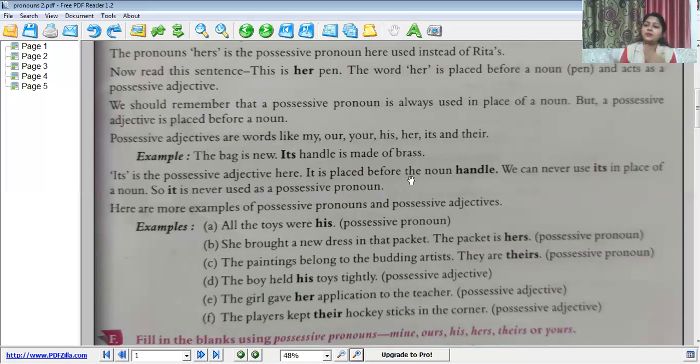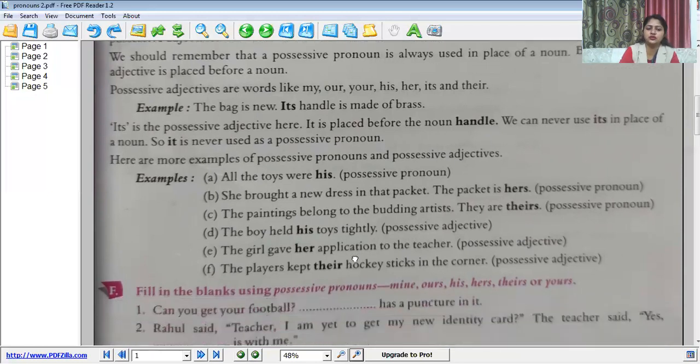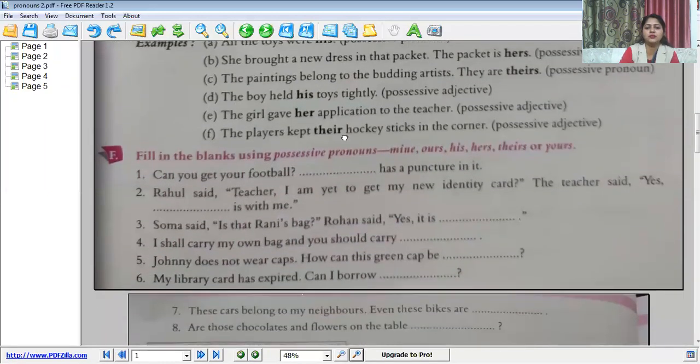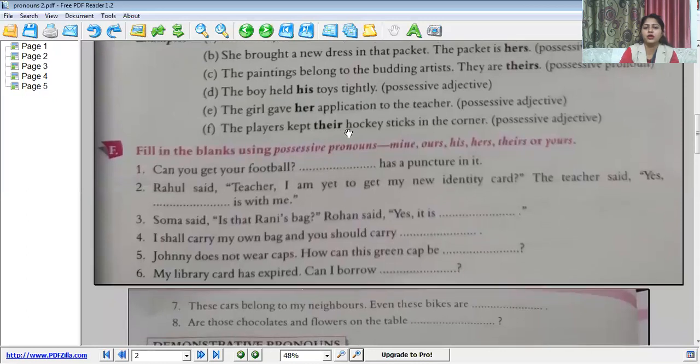It is coming in place of the noun. Okay, children? So now here there is an exercise which is given to you. Fill in the blanks using possessive pronouns, and there is a help box which is given to you. Fill it with mine, our, his, her, theirs, or yours. You can repeat them, so it's not fixed that you will use each only once.